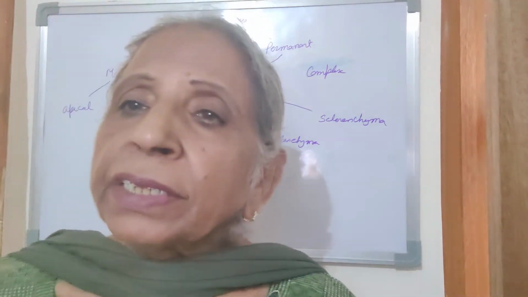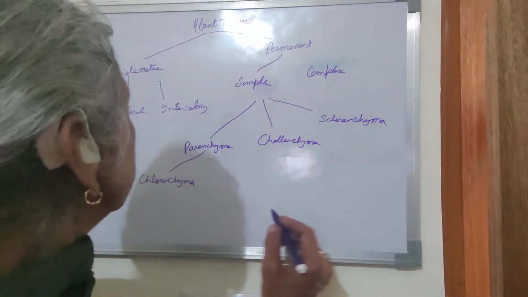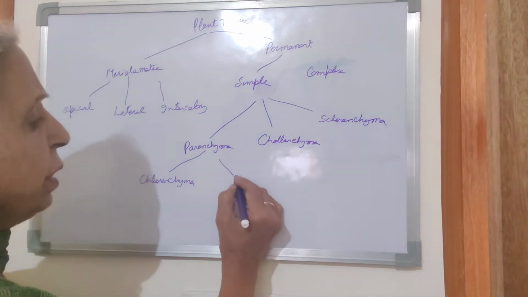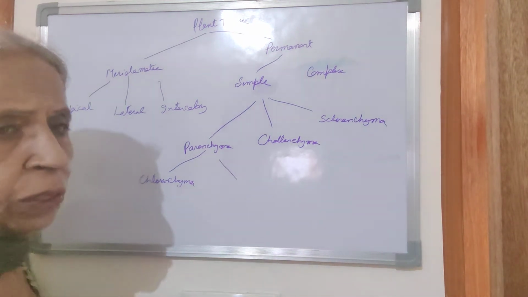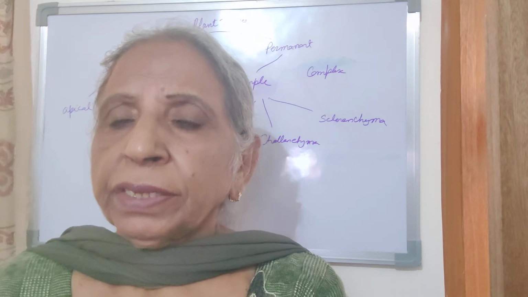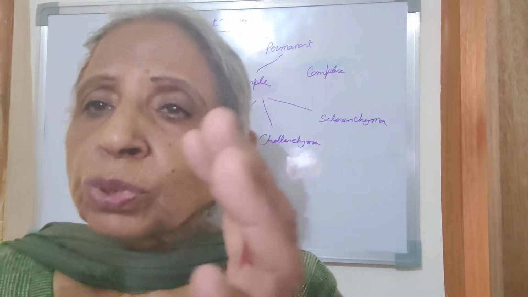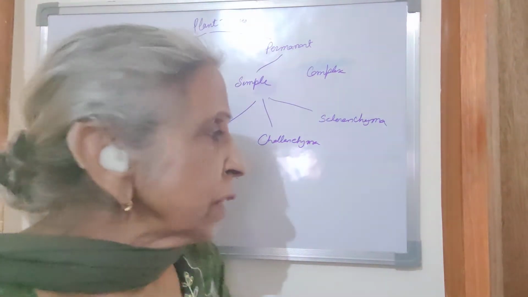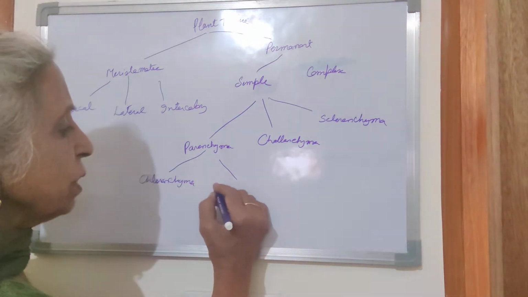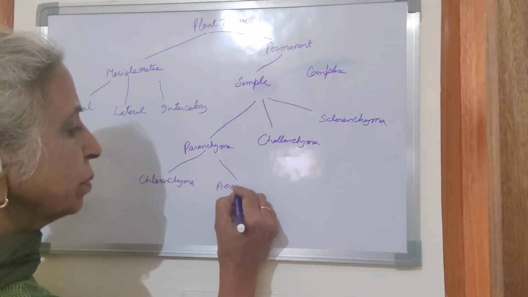In aquatic plants, the parenchyma cells have large air cavities to provide buoyancy to the plant. So they can float. This type of parenchyma is called aerenchyma.